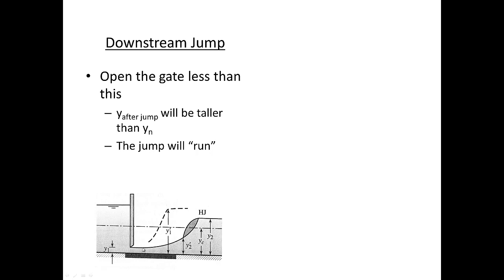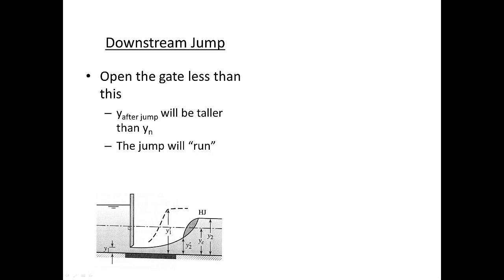So the sequent of this very shallow depth here would be a relatively deep hydraulic jump. But since our channel downstream can only support this normal depth Y2, in this instance, since the gate is closed so much, the jump has to run quite a bit before it finally gradually varies to a depth here at Y'2 that will have its sequent depth be the actual downstream normal depth.